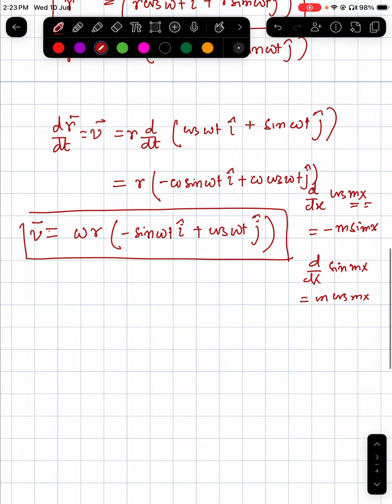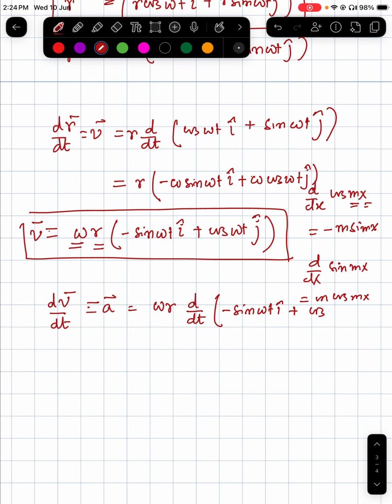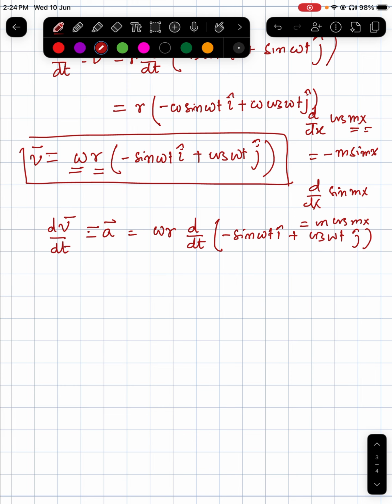Second, acceleration. Again we have to differentiate, dv/dt, to get the acceleration. Since omega is constant and r is constant, they are not taking part in the differentiation, so I am keeping them outside of d/dt. Next, I am going to write d/dt of minus sin omega t i cap plus cos omega t j cap. So I am differentiating that, omega r.